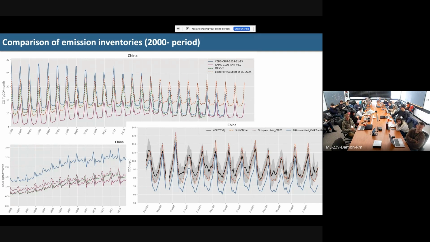I mean, partly because it's been optimized by MOPITT here. So we overestimate the peak months again, but the CAMS emissions for that 2008 period onward is actually doing pretty well for the whole country. There might be differences regionally.